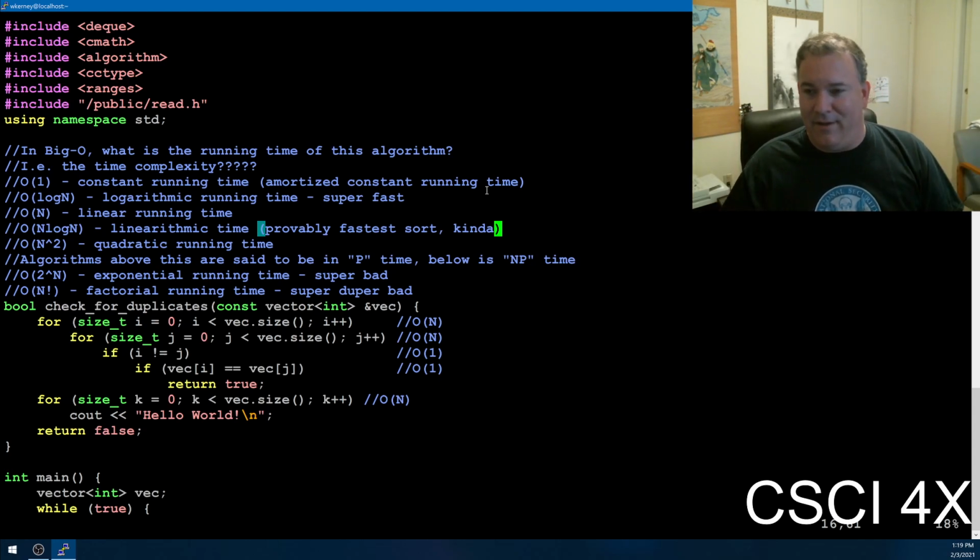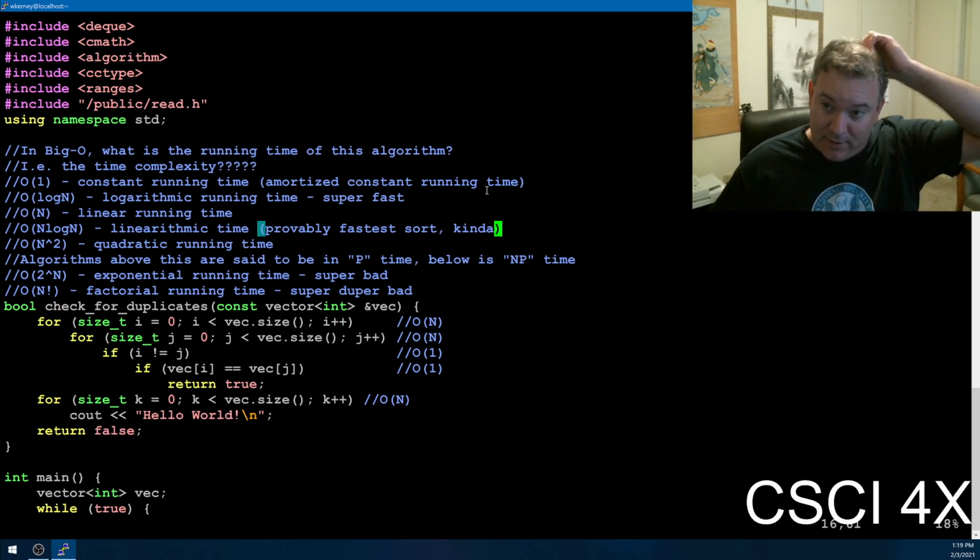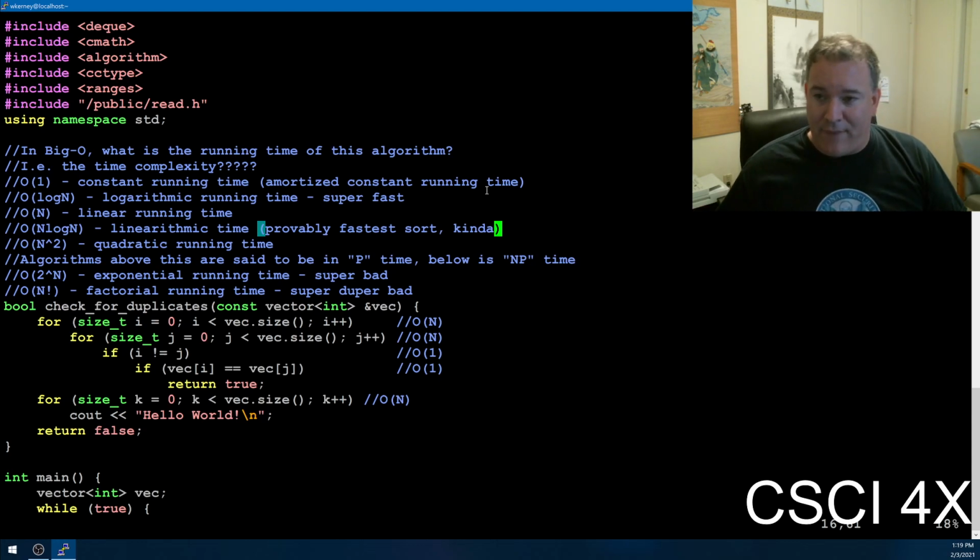If there are certain constraints on the data, then you can actually sort faster than n log n. But if you're just talking about random data that's unconstrained, then n log n is provably the fastest you can sort. You cannot sort a vector of size n faster than n log n time, worst case. Okay.